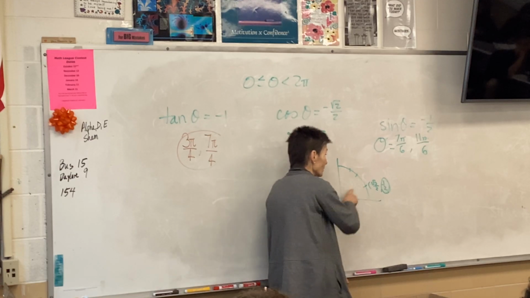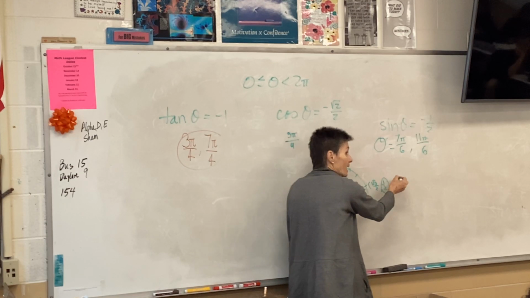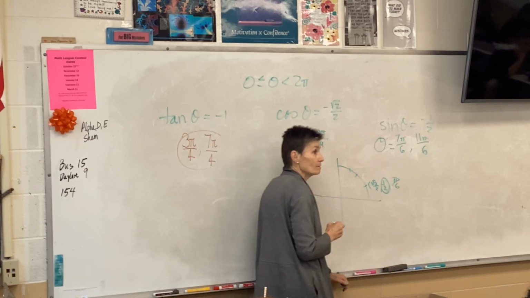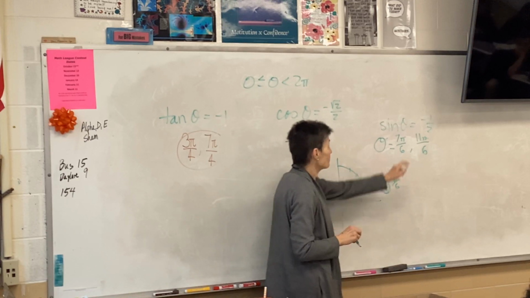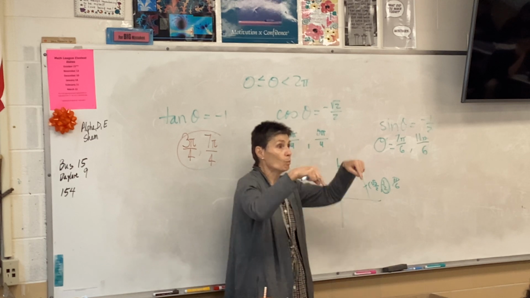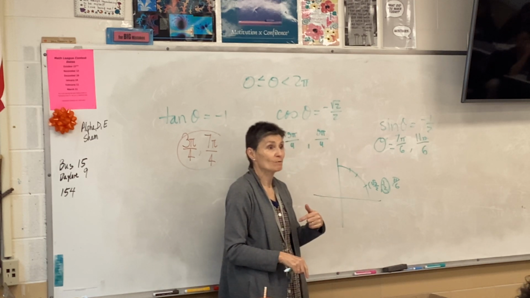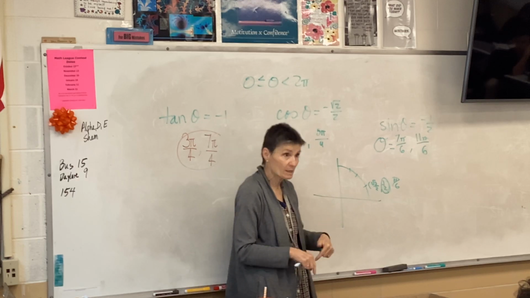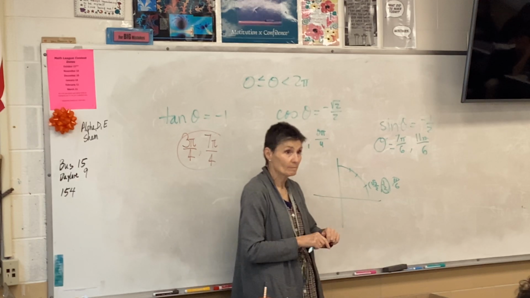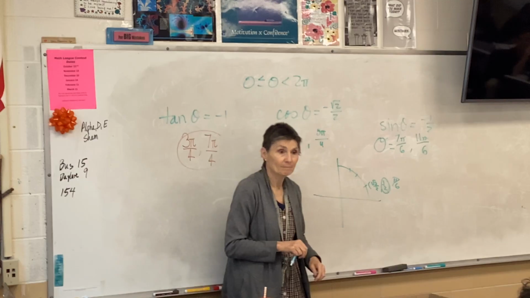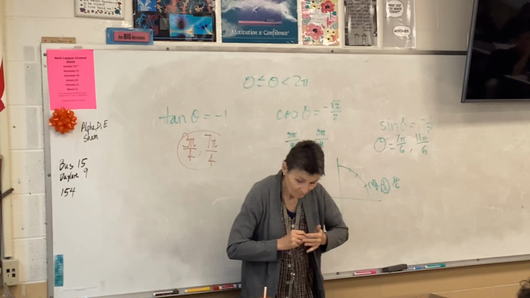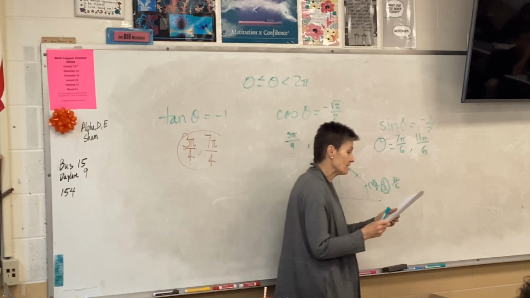So what angle is that? This is going to be a pi over 6, but it has to be negative, which means y has to be negative, which means I'm picking the pi over 6 that's in quadrant 3 or 4. Beautifully done.